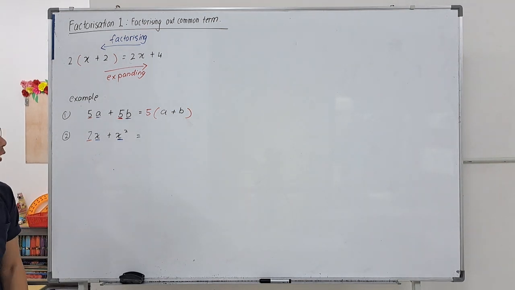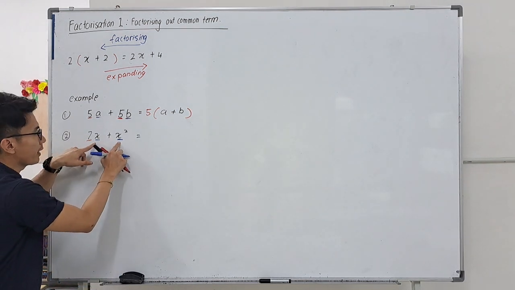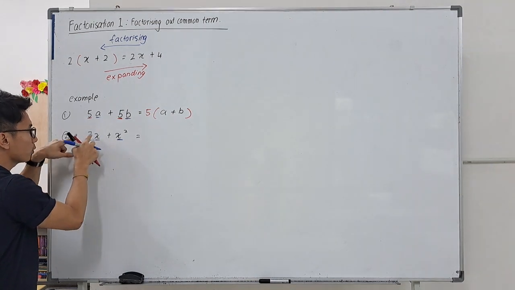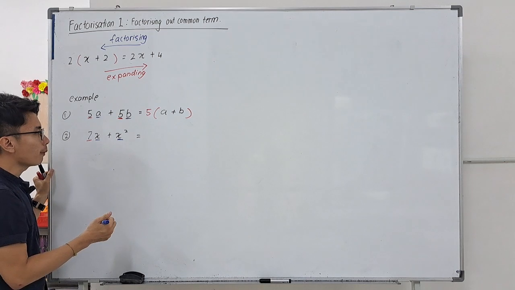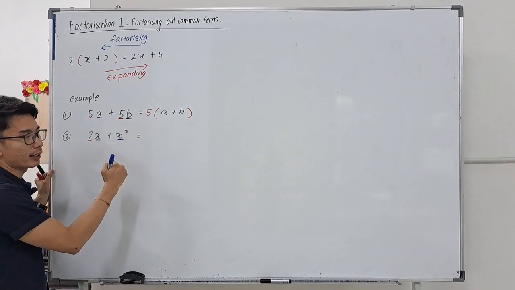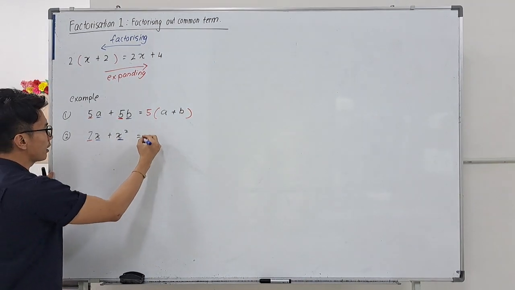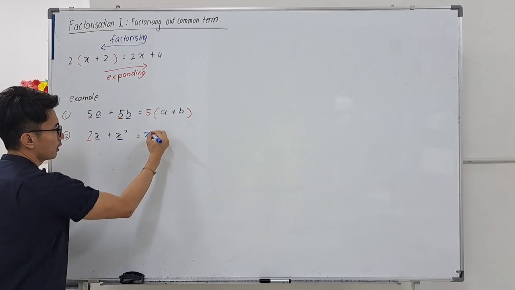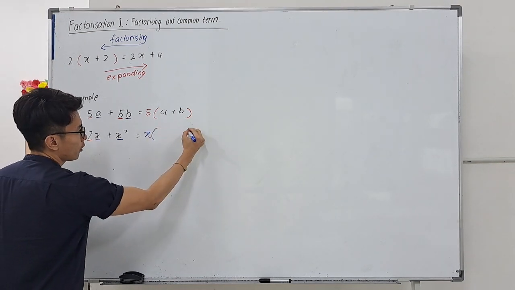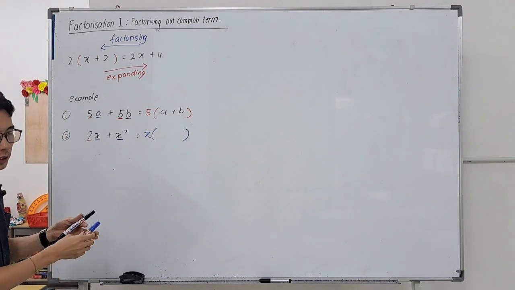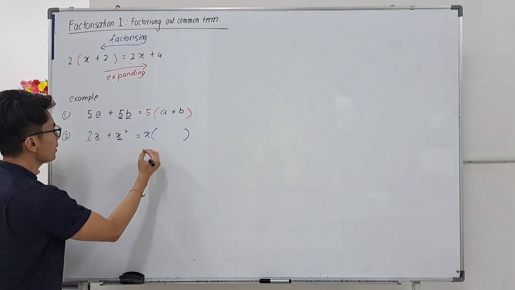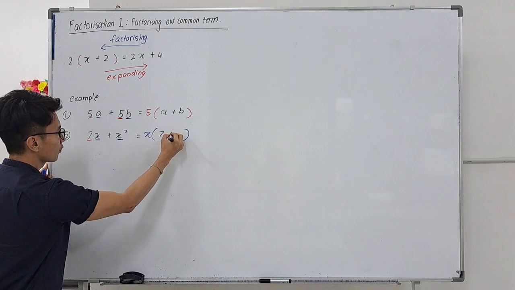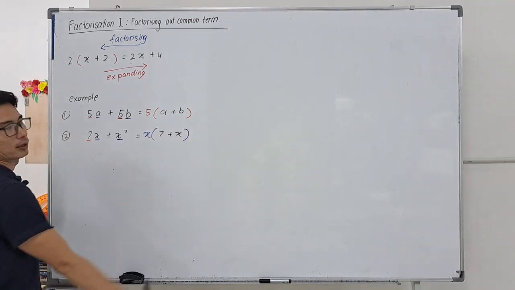In this case, it's going to be x. I can take out x over here. If I take out x, how many x can I take out? In this case, I can only take out one x, and what's going to remain inside this bracket? That's going to be 7 plus x.